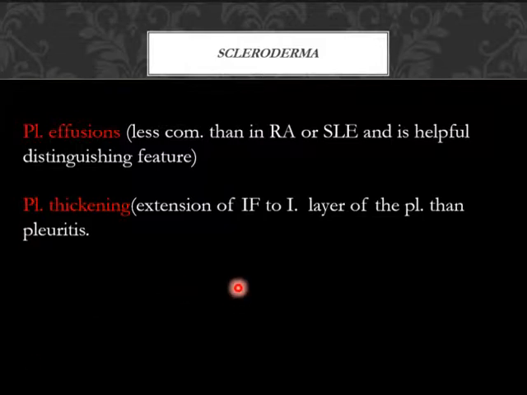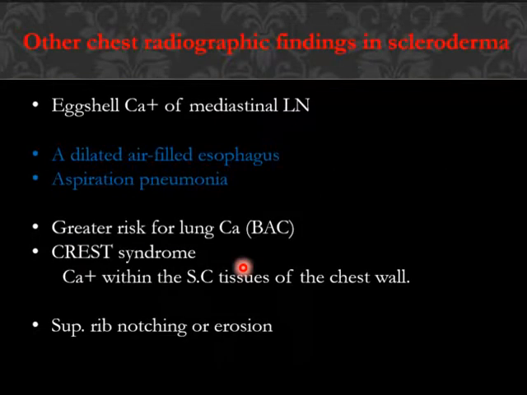Pleural thickening may occur due to extension of fibrosis to the interstitial layer of the pleura, and it is not due to pleuritis. Other radiographic findings in scleroderma are calcification of mediastinal lymph nodes.